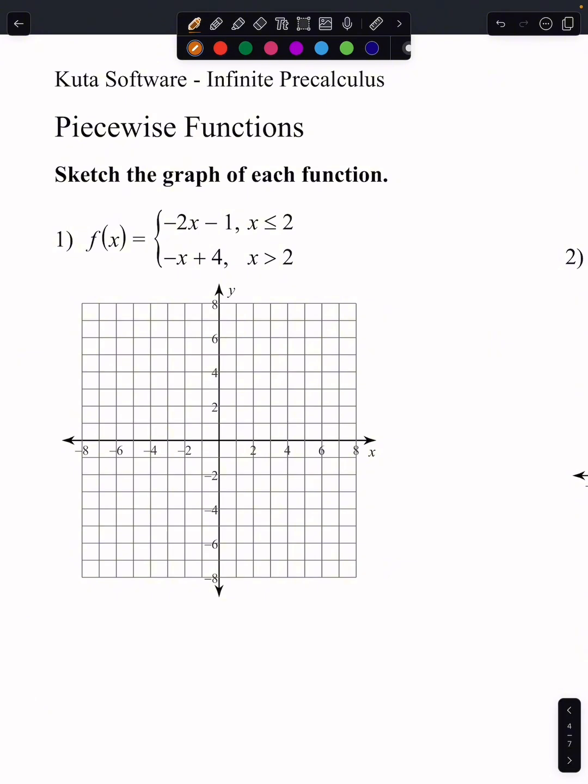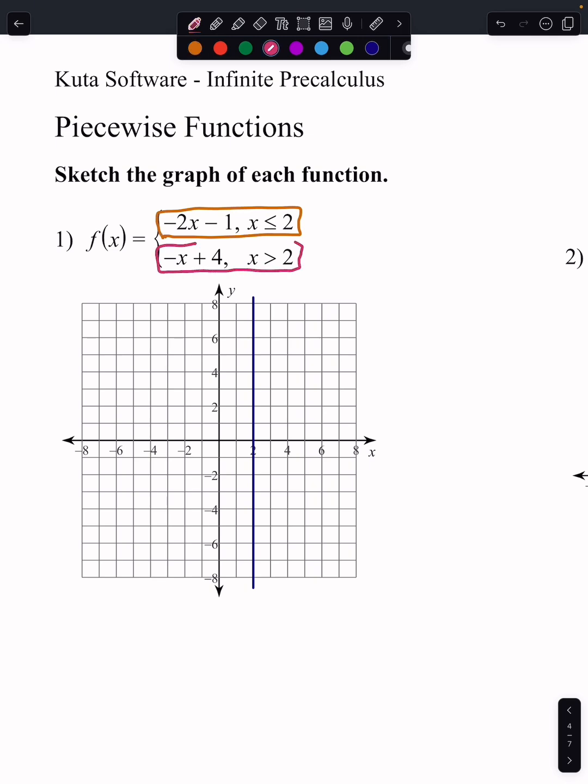Oh, so now this top line we're going to do in orange. And the bottom line we can do in like pink. One of those is going to go to the left of that boundary line, and the other one is going to go to the right.